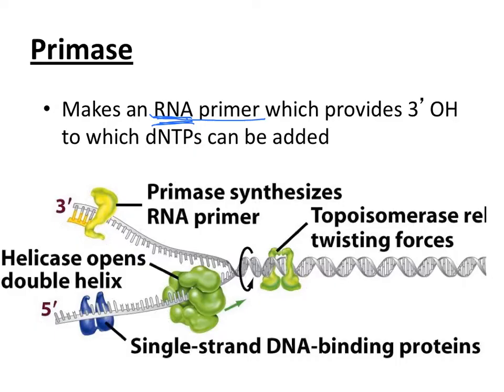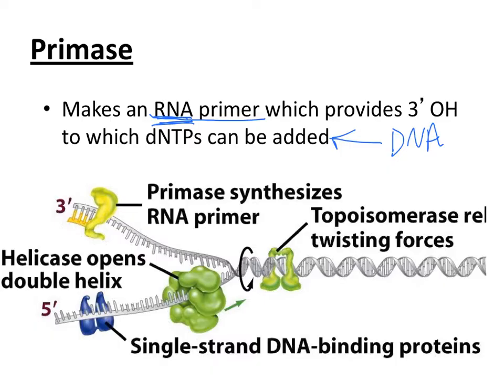It provides the starting point to which DNA nucleotides can be added, okay? So you can think of this part here as being DNA, but the primer is needed to add the DNA nucleotides. Why is a primer needed?